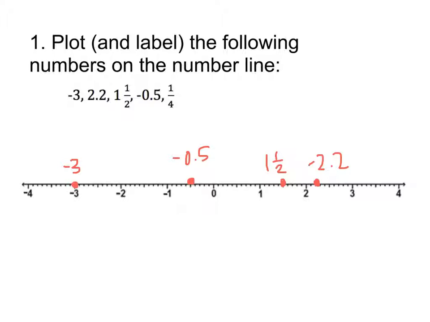And I know that 1/4 is 0.25, so that's going to be in between 2 and 3/10. And I am going to label that as 1/4. And it's also halfway in between 0 and 1/2, so that lets me know that it's also in the right spot.